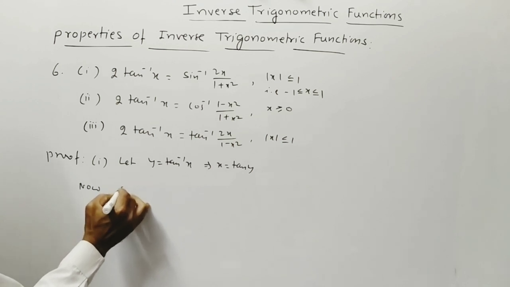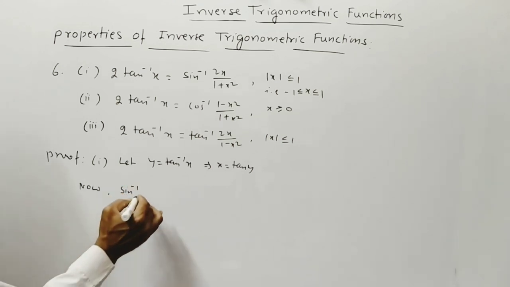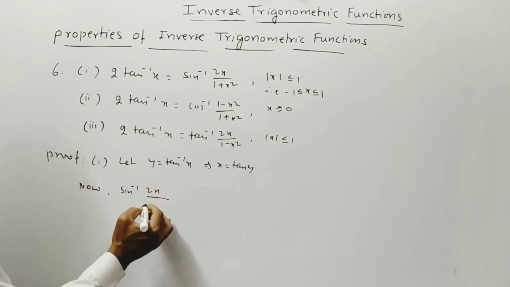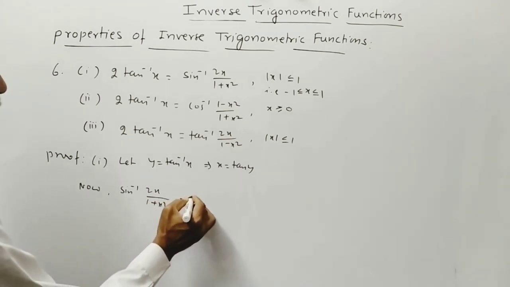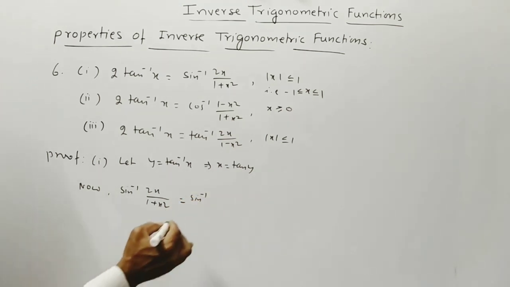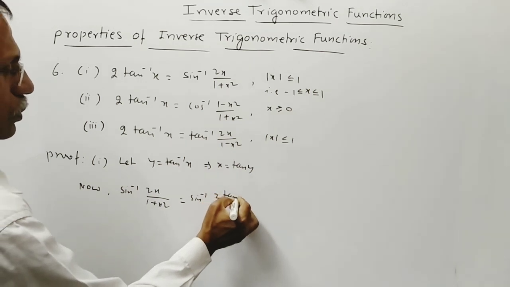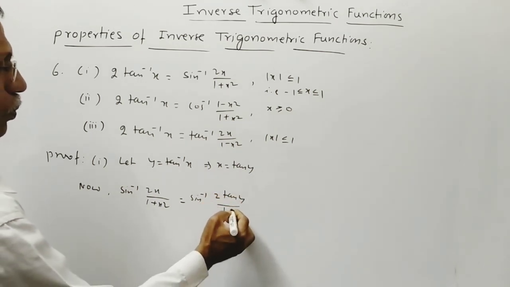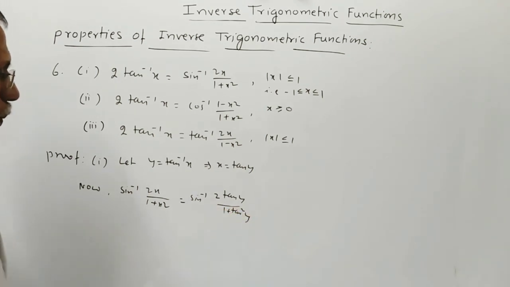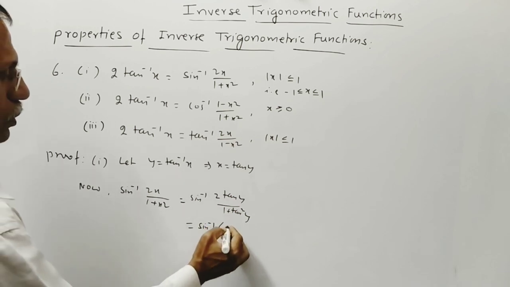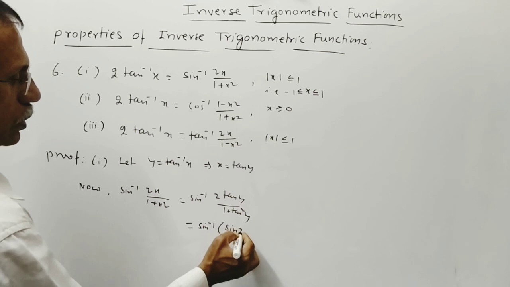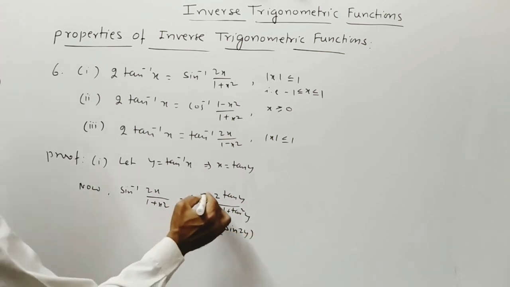Now sin inverse of 2x divided by 1 plus x square is equal to sin inverse of 2 tan y divided by 1 plus tan square y is equal to sin inverse of sin 2y, as we have learnt last year.